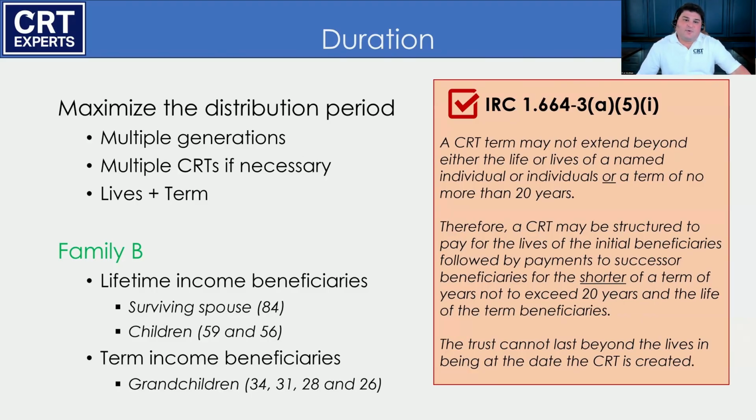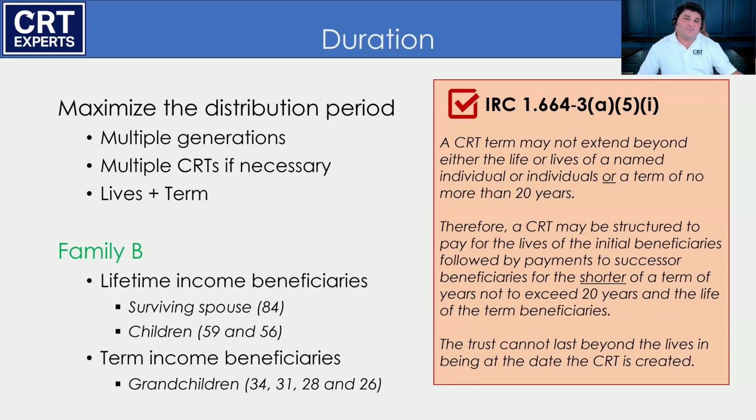So you can see the regulations, the relevant summary of 664, where this is permissible. But in a nutshell, the regs require that a CRT term may not extend beyond either the life or lives of a named individual or individuals, or a term of no more than 20 years.